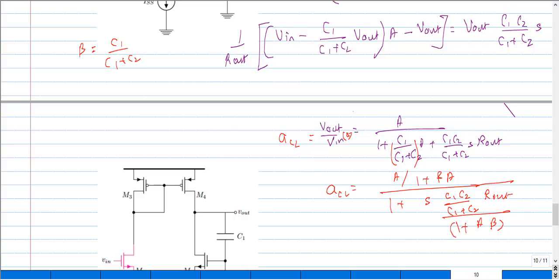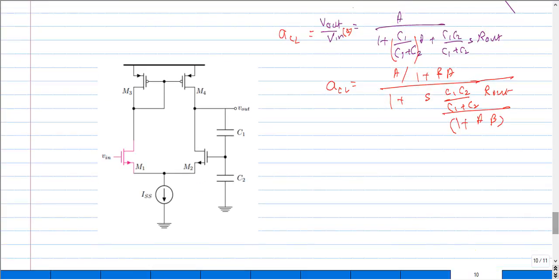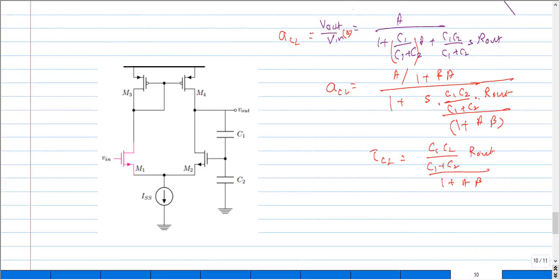Now what we really wanted out of this expression is the closed loop time constant, tau CL, which we normally get since tau is a product of R and C, and we have the C term and the R term here. That is our closed loop time constant, and once we know this, we can write the step response.